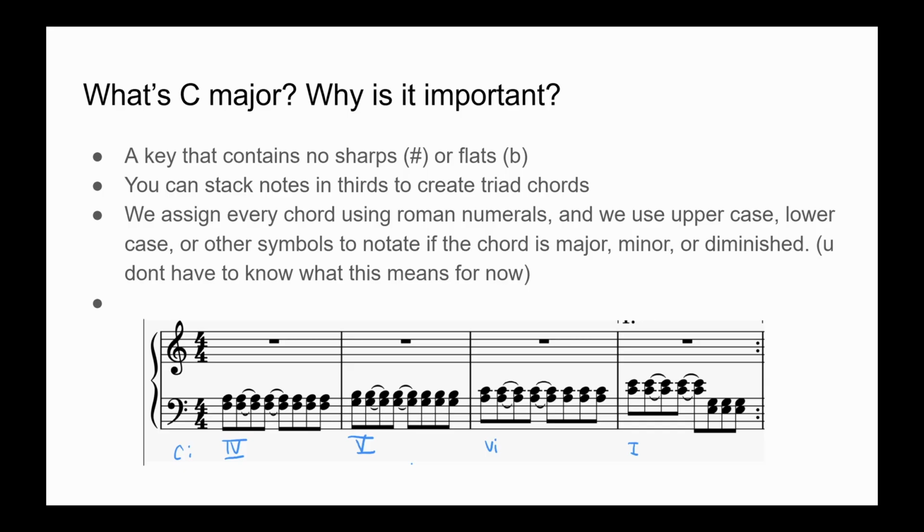But anyway, what we do with these notes is that we put thirds on top of them to create triads or chords, and we can label those chords using Roman numerals. Some of them are uppercase, some of them are lowercase, and some of them have a little circle, and that basically represents the quality of those chords, right?